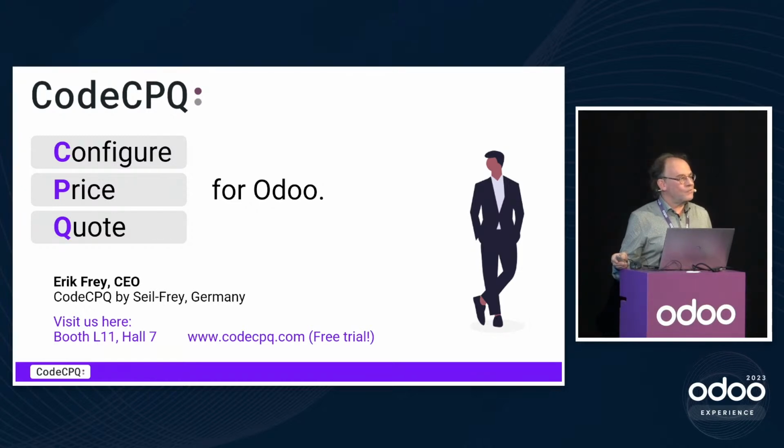Yes. So the first question is, why is it called CodeCPQ? The reason why it is called CPQ is because you mainly don't configure your product or the product scheme by clicking, but you use Python code you can include in the back end.